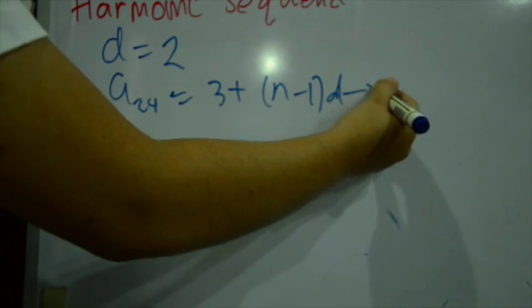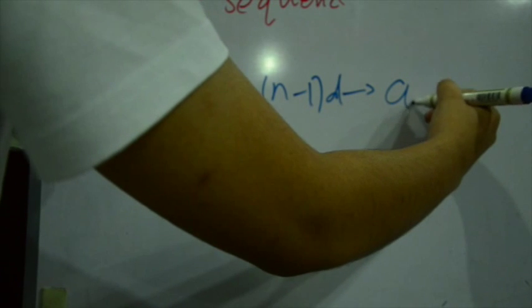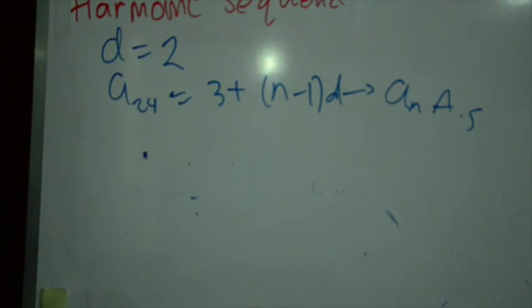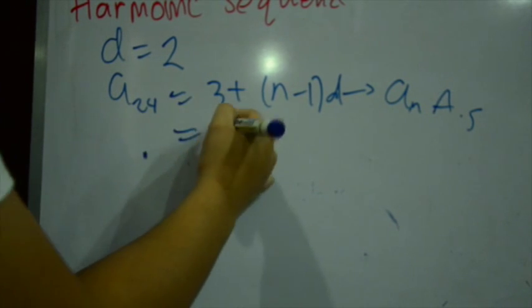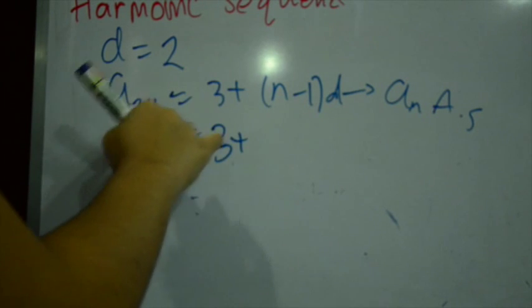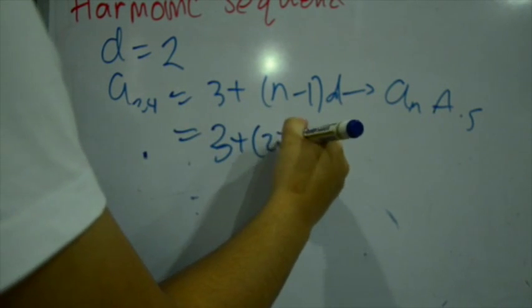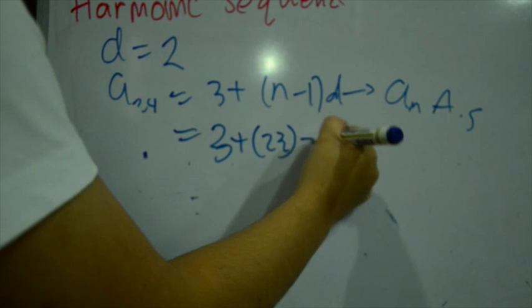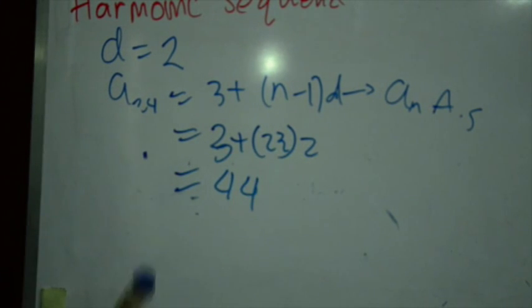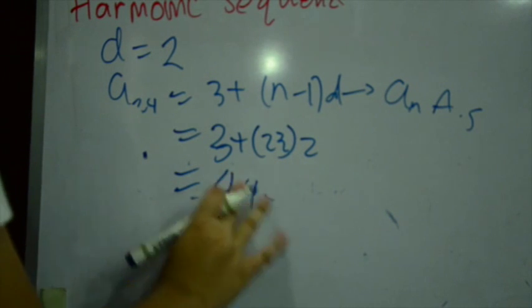As you can remember, it is the formula for getting a sub n of an arithmetic series. Substituting 3 plus our n, which is 24 minus 1, equal to 23, and our common difference, which is equal to 2, you can get 49.